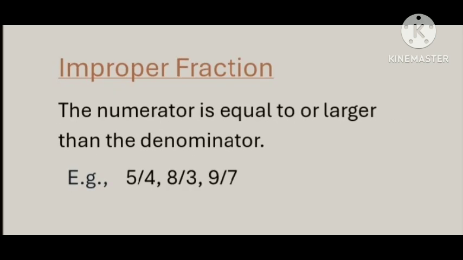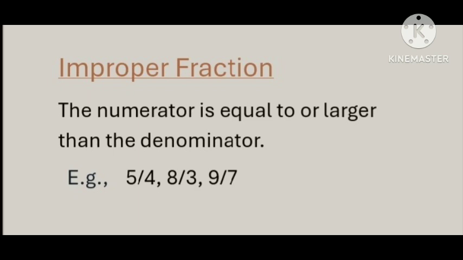An improper fraction is like the life of the party though. The guest who goes all in and maybe even takes a bit more. Here, the numerator, the part which is being taken, is equal to or larger than the denominator, that is the total available parts.